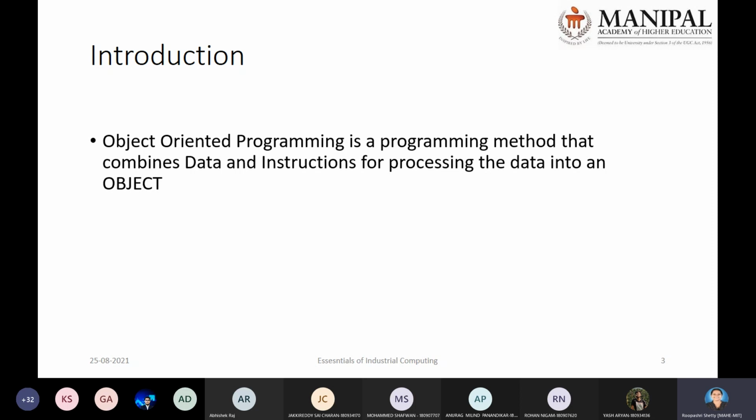This helps in modeling complex problems into real-world solutions, which gives you a manageable solution. So in this course, you will be understanding the fundamentals behind the object-oriented programming paradigms. That is the introduction to object-oriented programming.